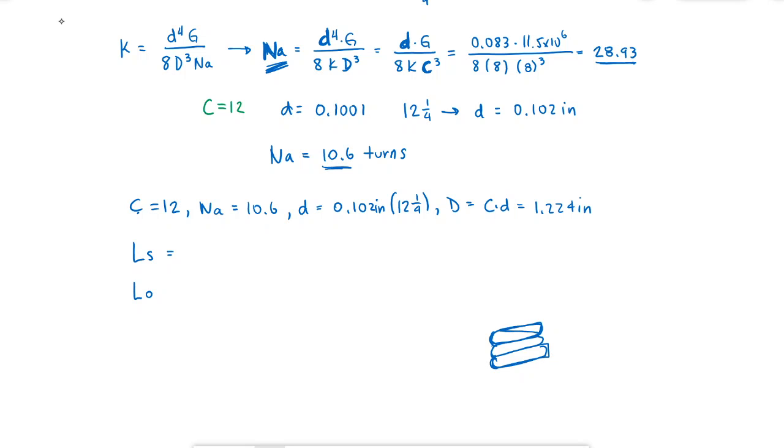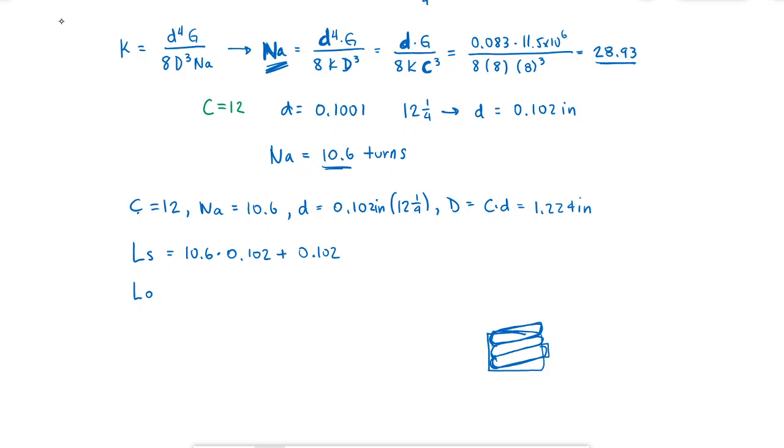So this distance from here to here would be the number of coils, which is 10.6 times the diameter, which is 0.102, plus one diameter.